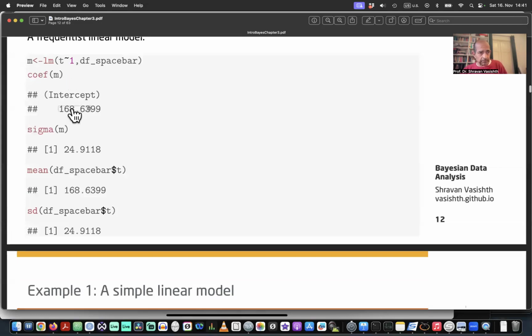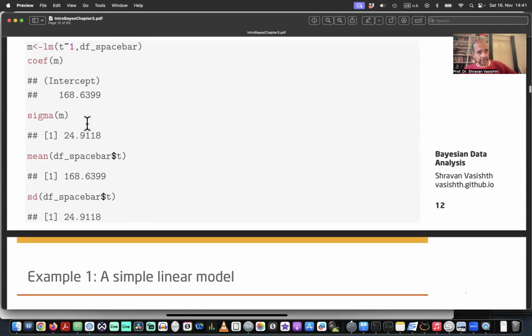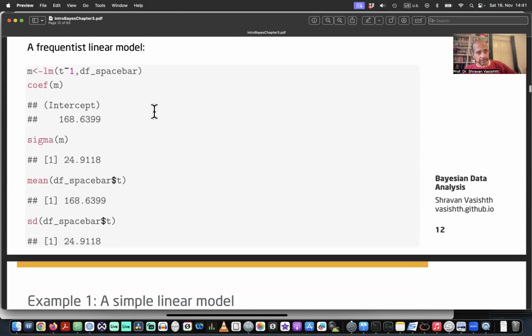In the coefficients output, I only see the one coefficient that's there. That's the intercept estimate, and that intercept estimate is telling me the estimated mean button tapping time, right? And the sigma parameter estimate is 24 in these data, and that I can extract from the model as well. This is all frequentist stuff, right?